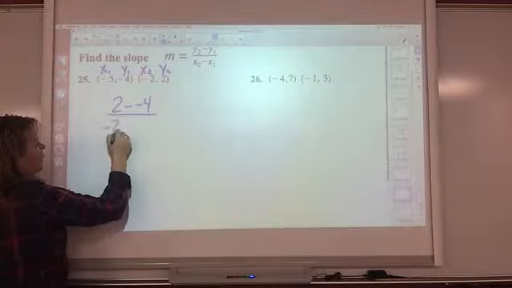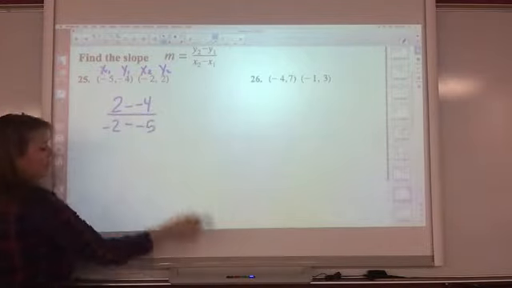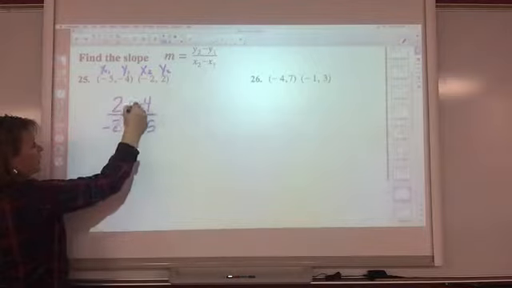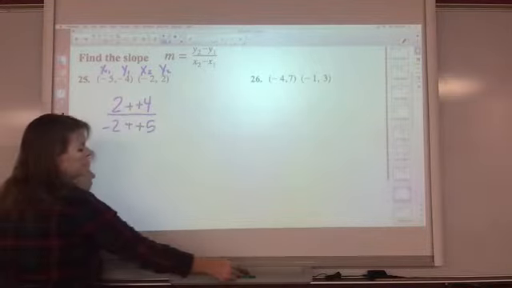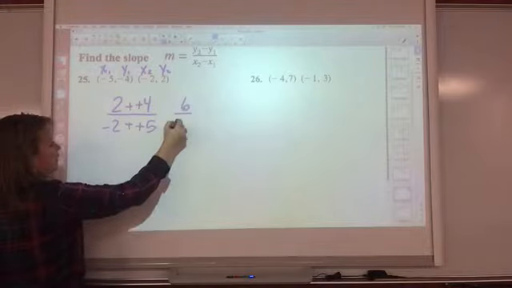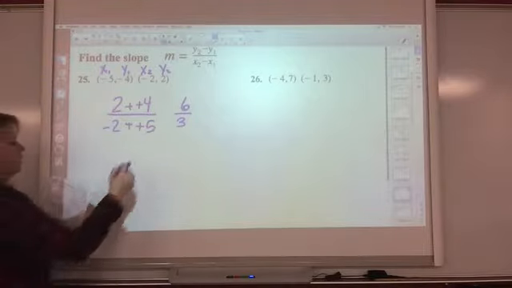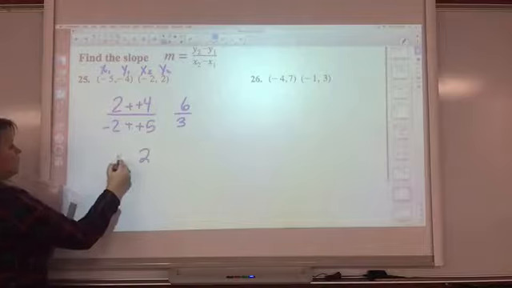Second x, -2, minus your first x, -5. Immediately turn those into plus signs. 2 plus 4 is 6, -2 plus 5 is 3. And make sure you divide or reduce. 6 divided by 3 is 2. Slope is 2.